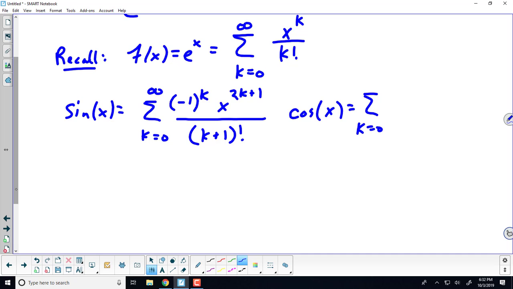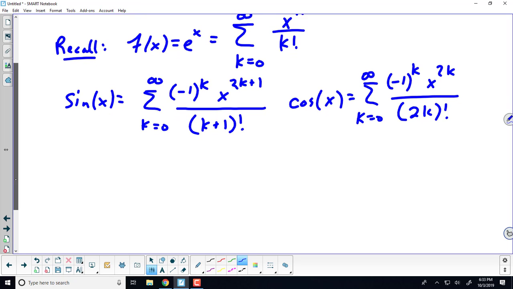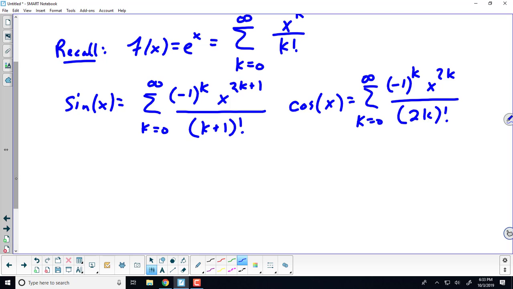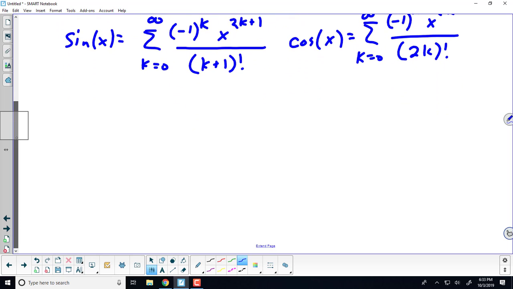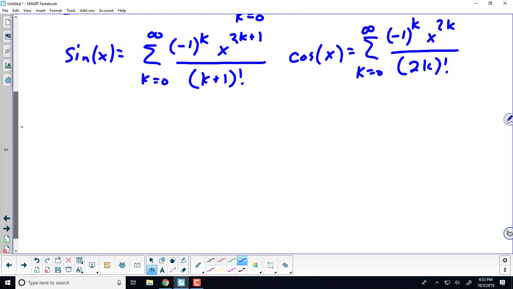Then the cosine is the sum of (-1) to the k, x to the 2k, all over 2k factorial. This is a nice summary of one of the uses of power series that maybe we don't see in our first pass.